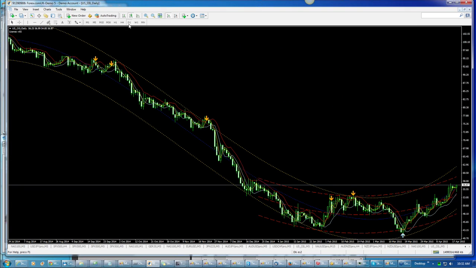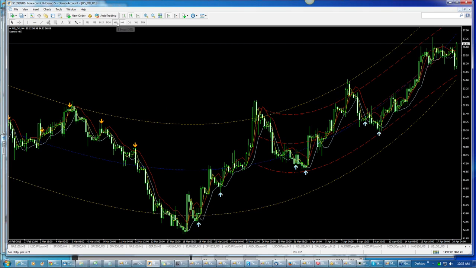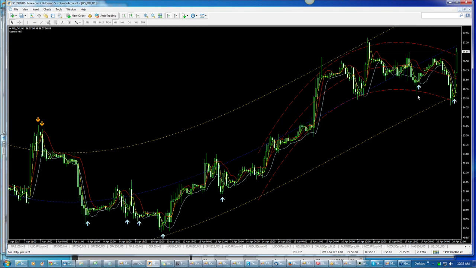Crude oil daily still looks pretty good. 4 hour, we did a little pullback this morning, but blasted right off the 1 hour band.